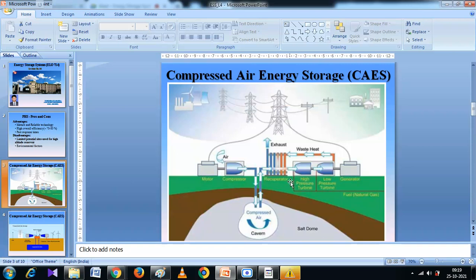And in this case, not only do we heat the compressed air, we also mix natural gas with this compressed air, and then we burn that so that the pressure will move and the turbine will generate the mechanical power so that sufficient electricity will be produced.